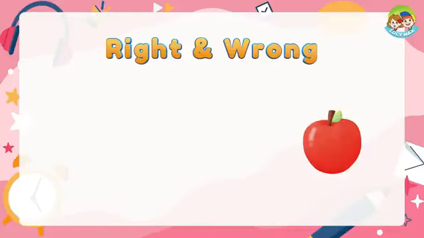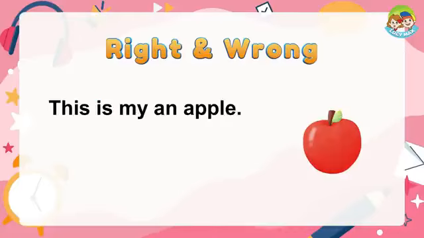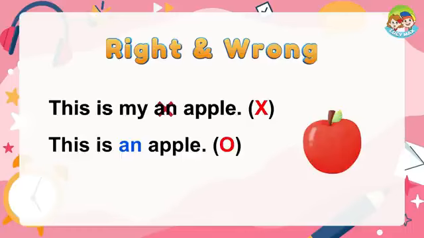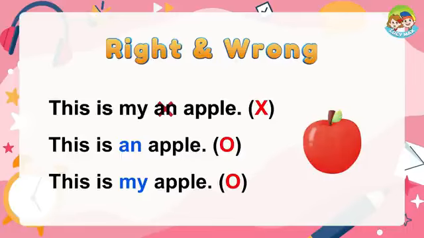Next. This is an apple. We don't use an with possessive adjectives. You say, this is an apple, or this is my apple.